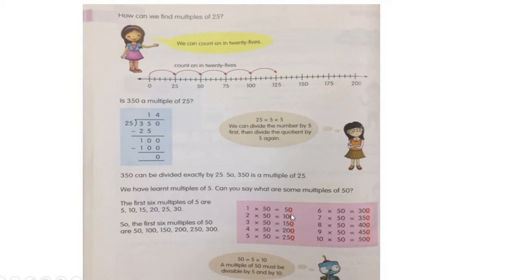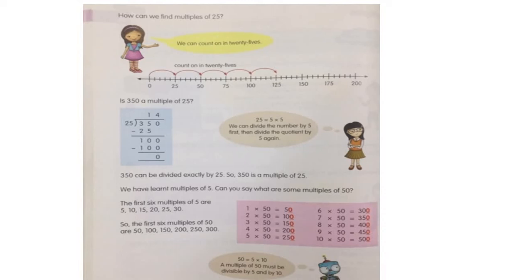So they move the 0 to the answer, they hide it and move it to the answer, and then they multiply the rest of the numbers. The first 6 multiples of 5 are 5, 10, 15, 20, 25, 30, like you see here in the table. So for the first 6 multiples of 50, we just add 0 to the answer.